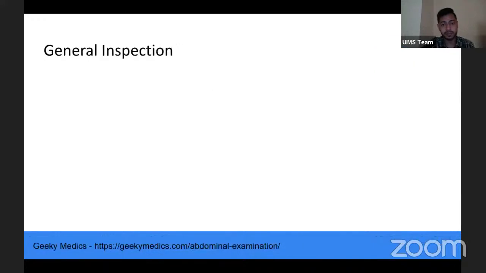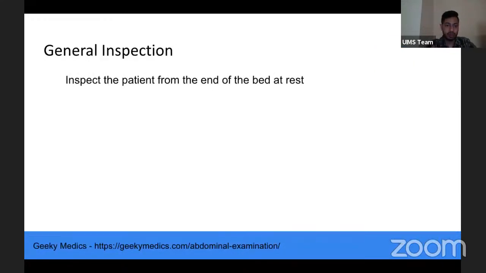So, general inspection. What do we do in the general inspection? The first thing we should always do is get the patient to sit on the bed, nice and relaxed, and inspect them from the end of the bed. What we will be assessing here is their mental awareness.